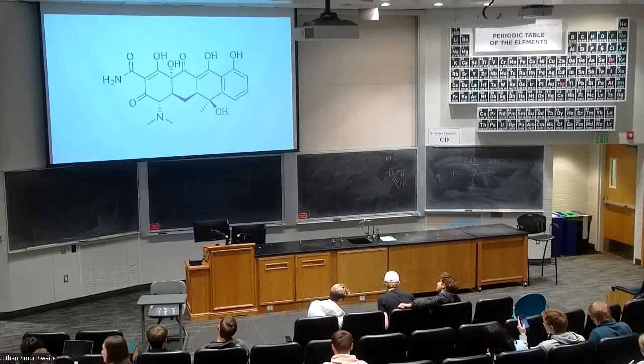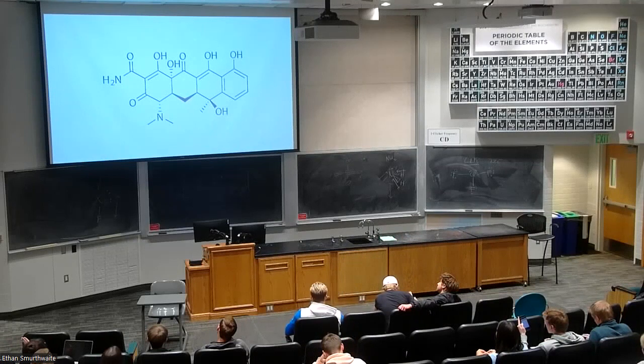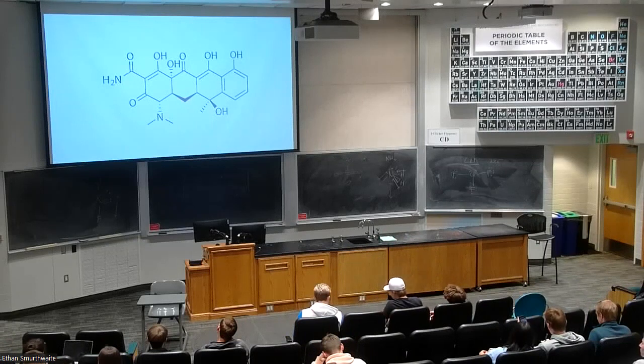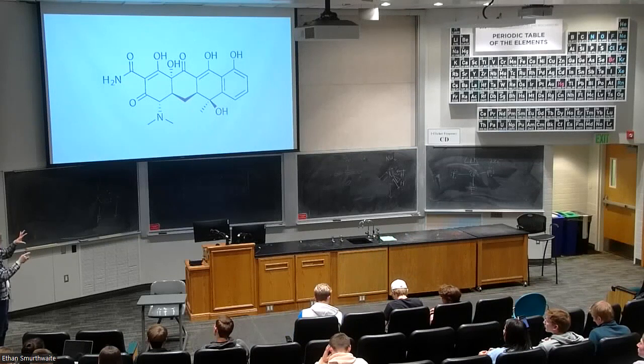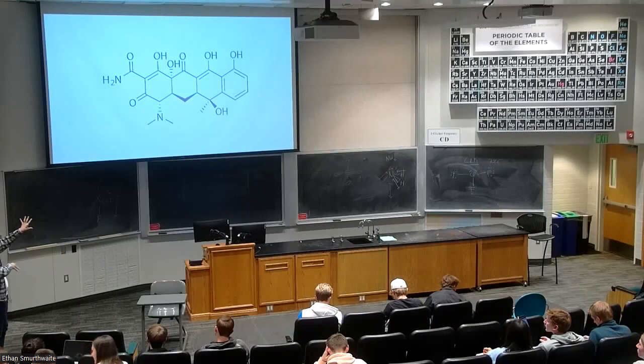This isn't a carboxylic acid because if it was, there would be an OH right here. So this is a ketone and this is a ketone. You should know what the functional groups are, and be able to look at a molecule and know where they are.